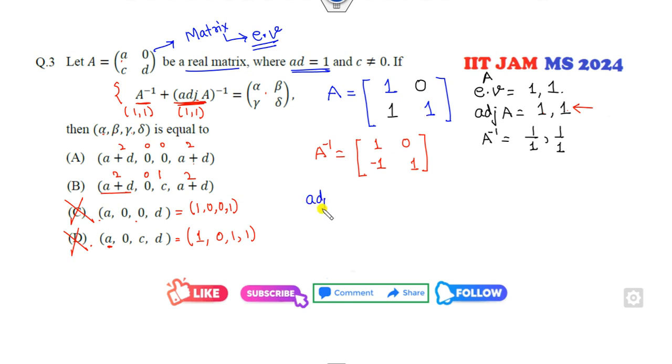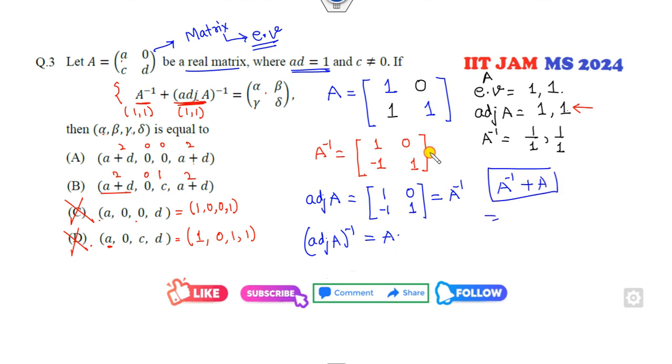What is the adjoint of A? You can simply see it is 1, 0, -1, 1, which is basically A inverse. So this left expression will be A inverse plus A. Once you know this is A inverse, if you add them, you get 2, 0, 0, 2, and you can see that 2 is the eigenvalue. So this is the only possible right answer of this problem.